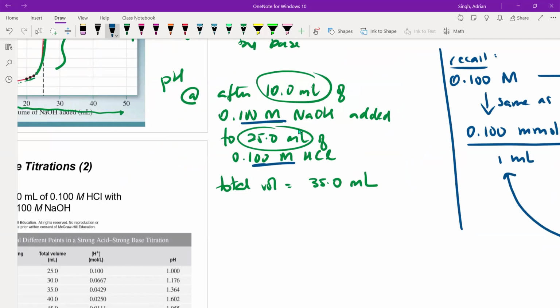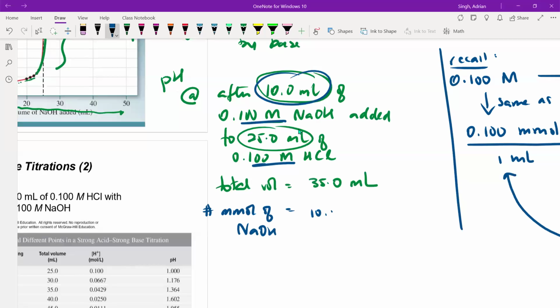So we can now calculate the number of millimoles of, let's see, what do we have? We have 10.0 mL of the NaOH.